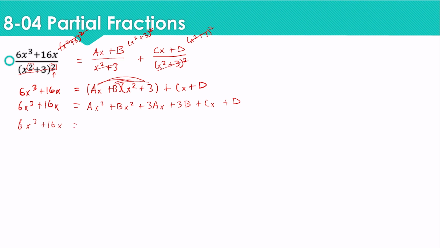Let's collect like terms. So I have cubes, which is just a, squareds, which is just b, x's, which is 3a plus c, and constants, which is 3b plus d.